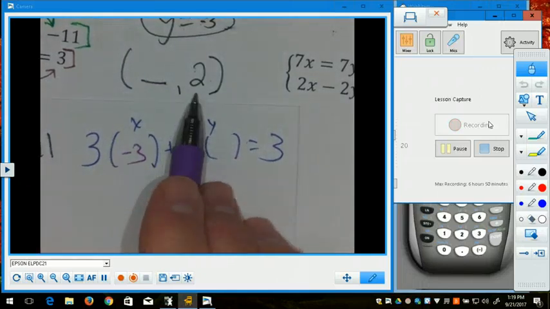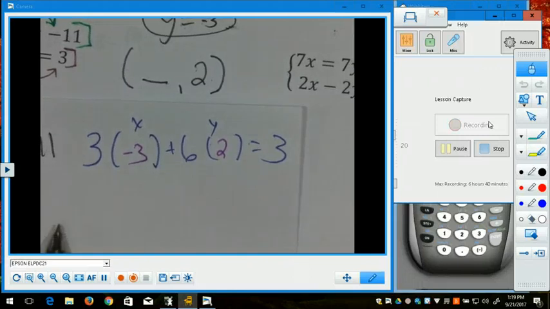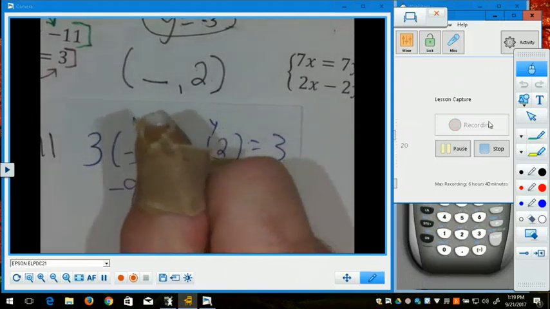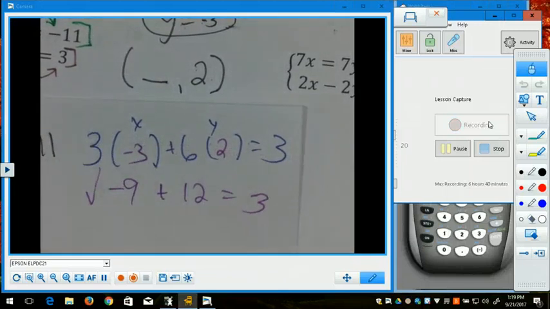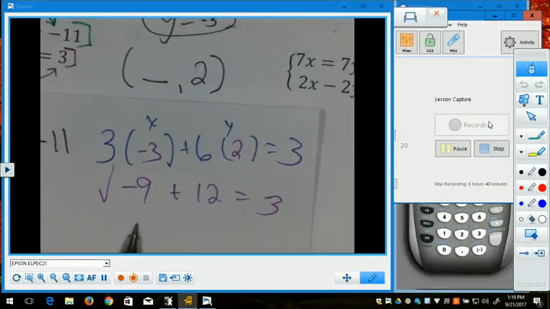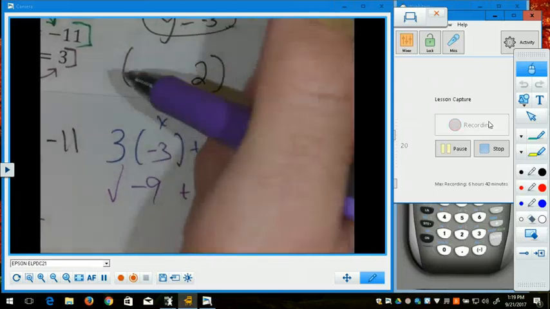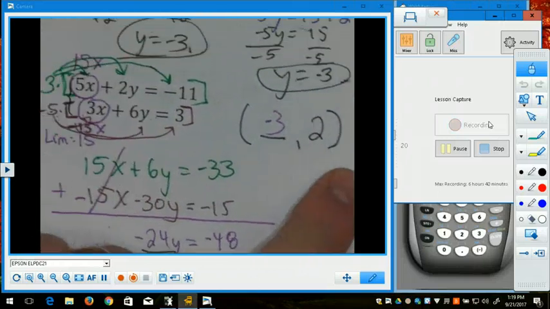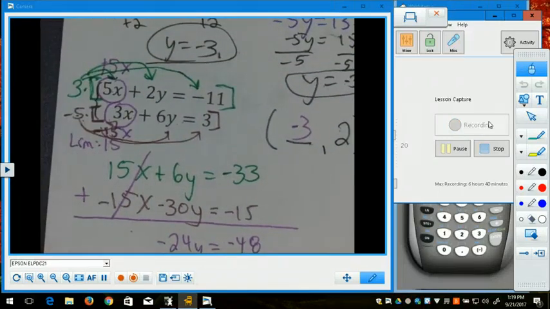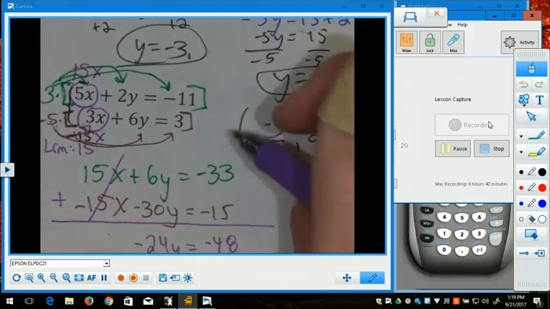And we've solved originally for our y to be 2. Now I don't have to solve anything, I just plug it in. This is negative 9 plus 12 equals 3, which it does. So I know my answer is correct. That when y is 2, x is negative 3. And when x is negative 3, y is 2 for both of my original equations and every equation in this system.